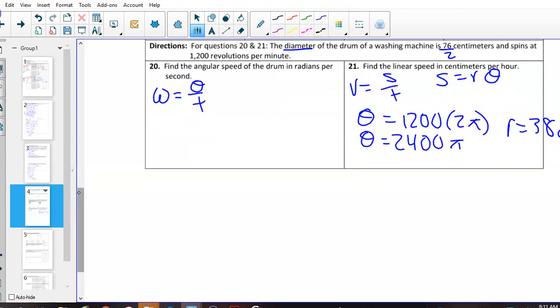So we're multiplying 38 and 2400 times pi. Again, if you included pi or if you didn't, you may get 2 different answers. For this one, I didn't care.